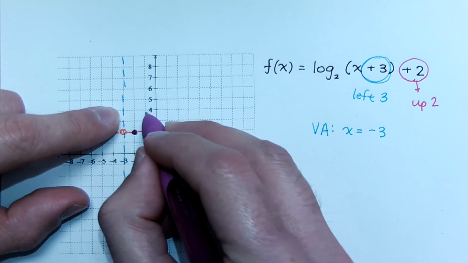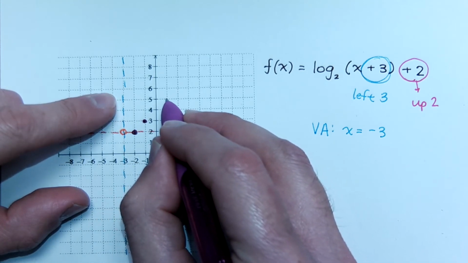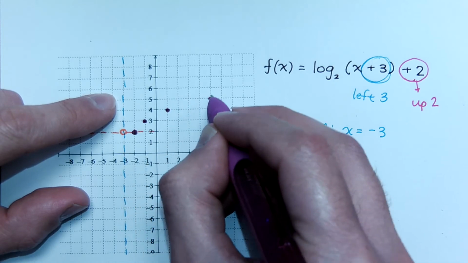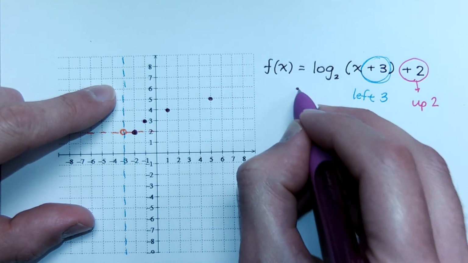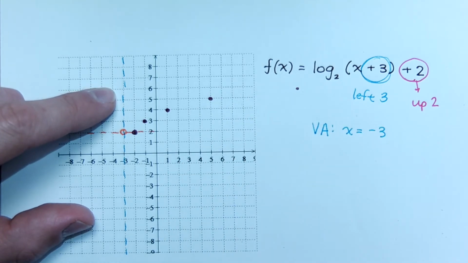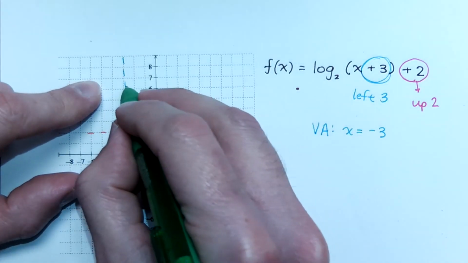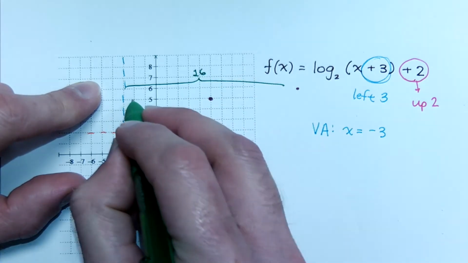Go up another notch. How far out do I go? 4. Go up another unit. How far out do I go? 8. If I went out another unit, how far out would I go? 16, maybe somewhere out here. This would be a distance of 16.